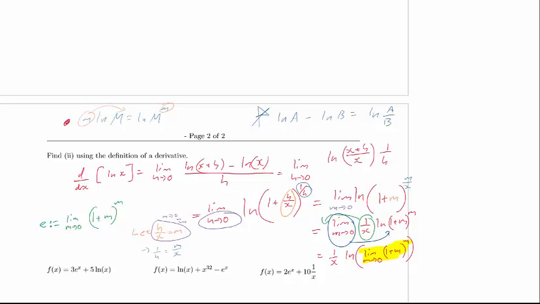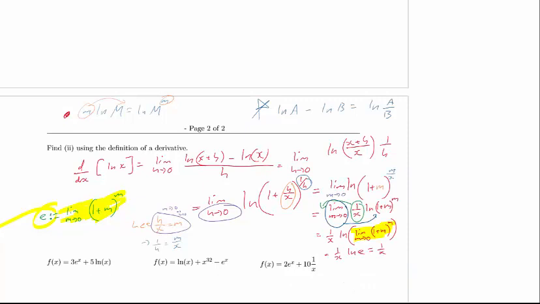Notice this is exactly the same as this right here, so we can call it e. And so we have 1 over x times the natural log of e. The natural log of e is just 1, so it becomes 1 over x. And note that if we were looking for the natural log of the absolute value of x, it would have worked out exactly the same.